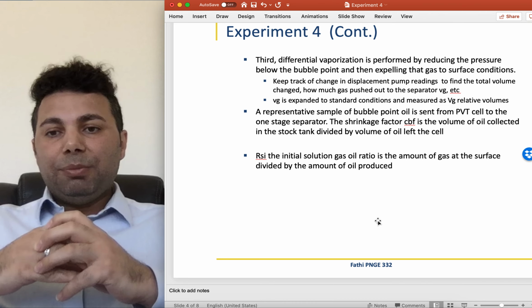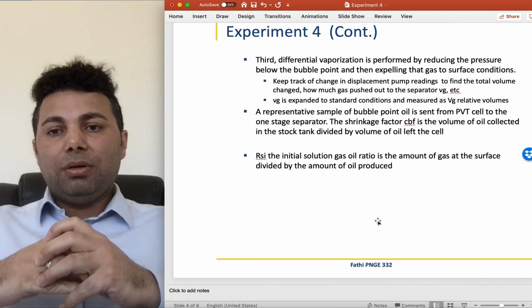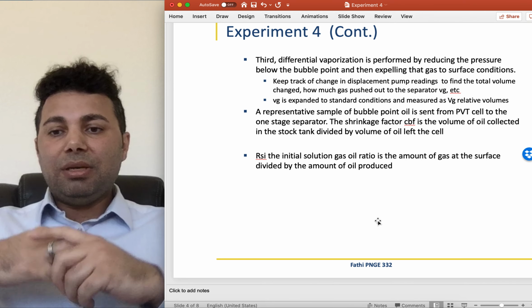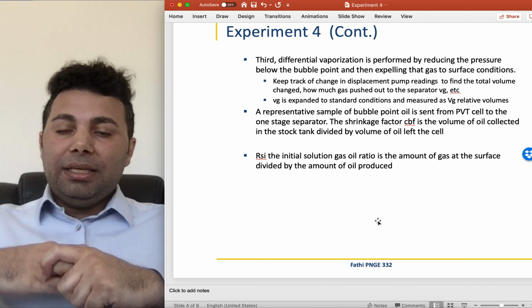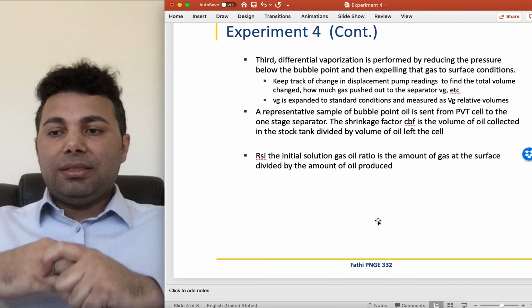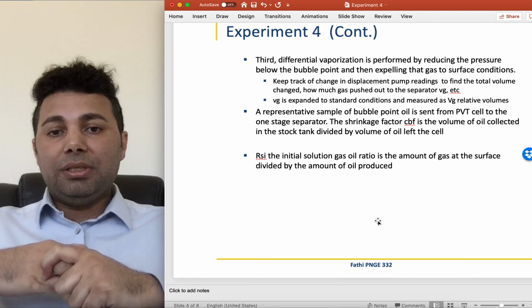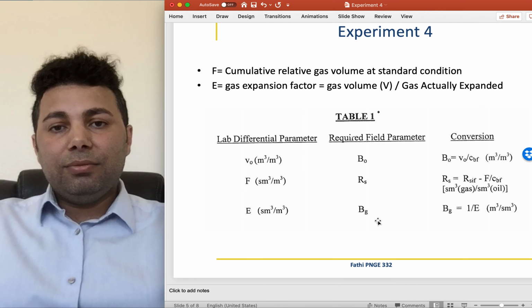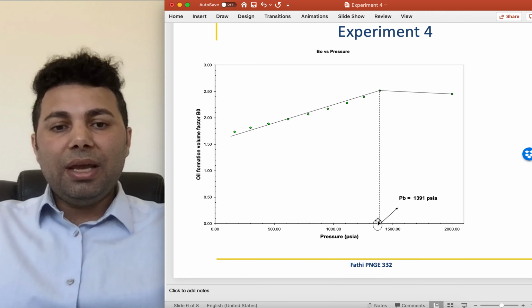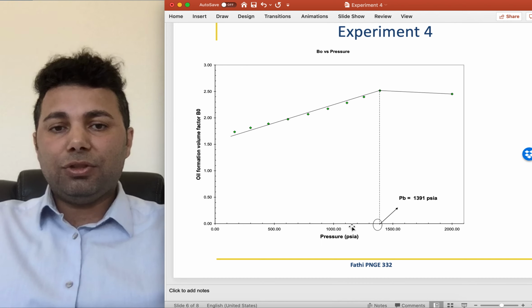If you remember from our chapter 10, we always combine the flash vaporization test with the separator test to come up with the properties above the bubble point, and then the differential vaporization test and the separator test to come up with the properties below the bubble point. When we do that, at the end, we are going to have the oil formation volume factor as a function of pressure.